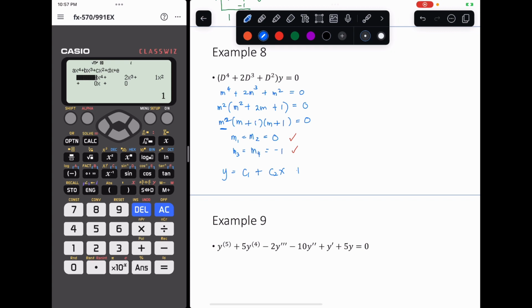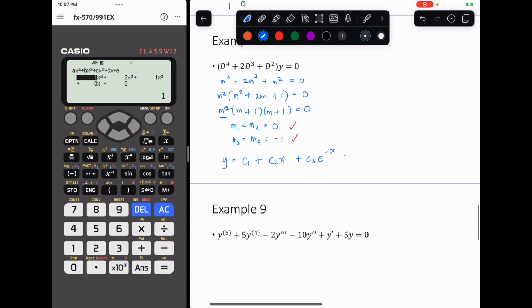So I'll have plus C3 e raised to -x. And then since -1 is repeated, I'm going to attach x. So C4 times x e raised to -x. So C1 plus C2x is for the roots of 0, and then C3 e^-x plus C4x e raised to -x is for the roots of -1. And that will be our final answer.